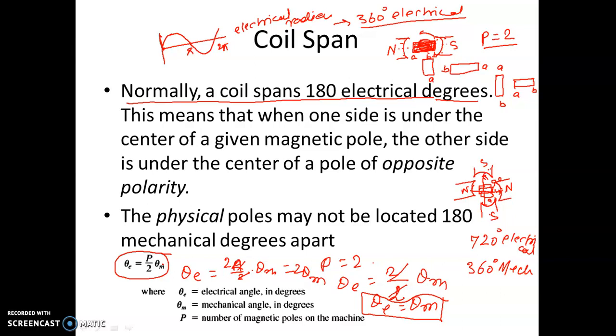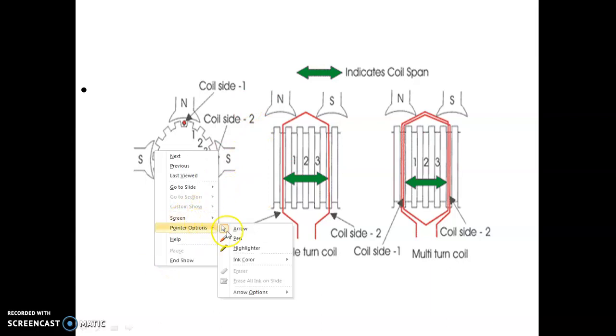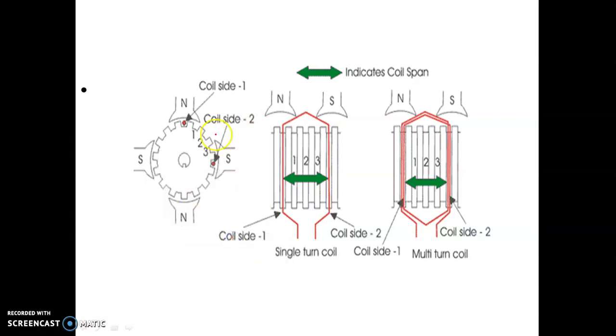180 electrical degrees constitute a coil span. Now you see in this portion, from this north to south, coil side 1, coil side 2.